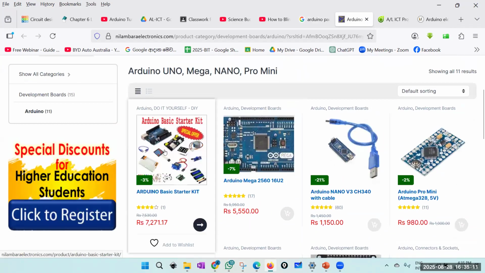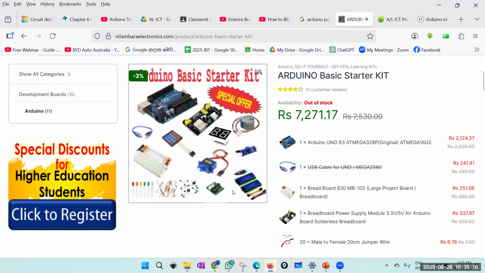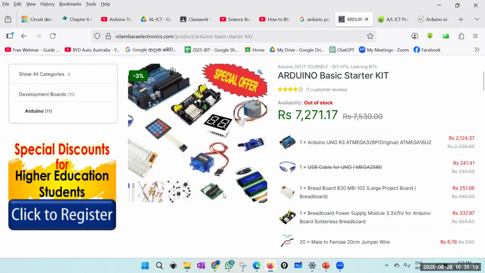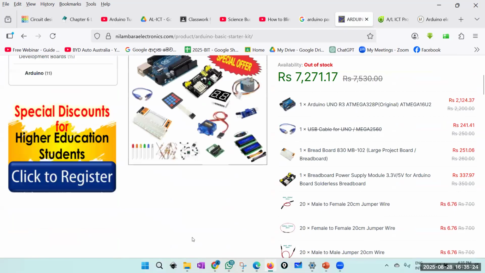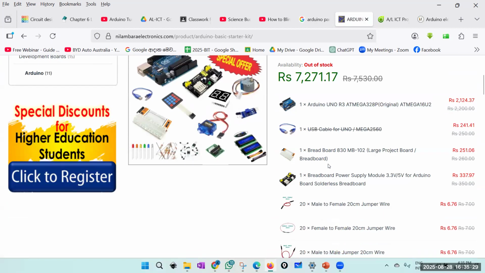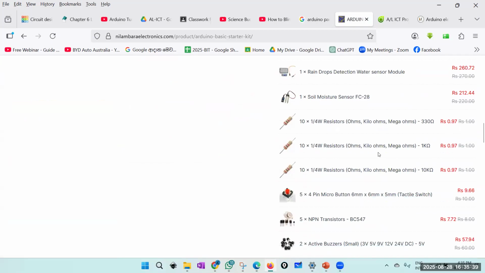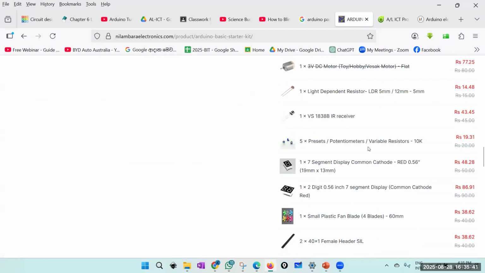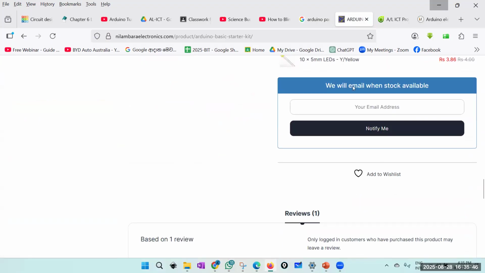This is another basic package kit. I think this one has more items. It looks like it is having more items, but just double check what is available. You can see Uno, a large size breadboard, and so on. I think you can customize those and remove items.